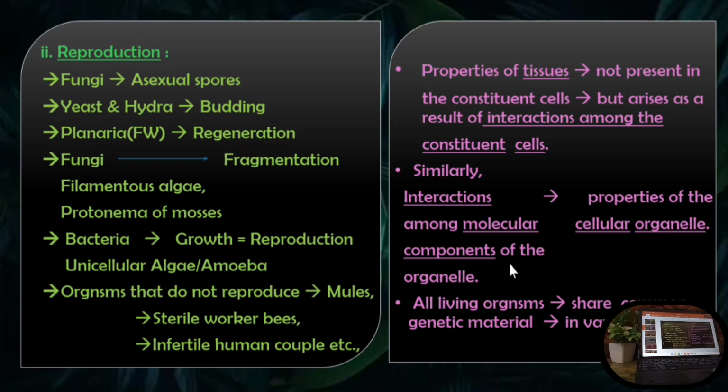Similarly, interactions among molecular components of the organelles define the properties of the cellular organelle, but a single molecular component cannot define the properties of a cellular organelle. Remember. And next, all living organisms share genetic material in common, but in varying degrees.